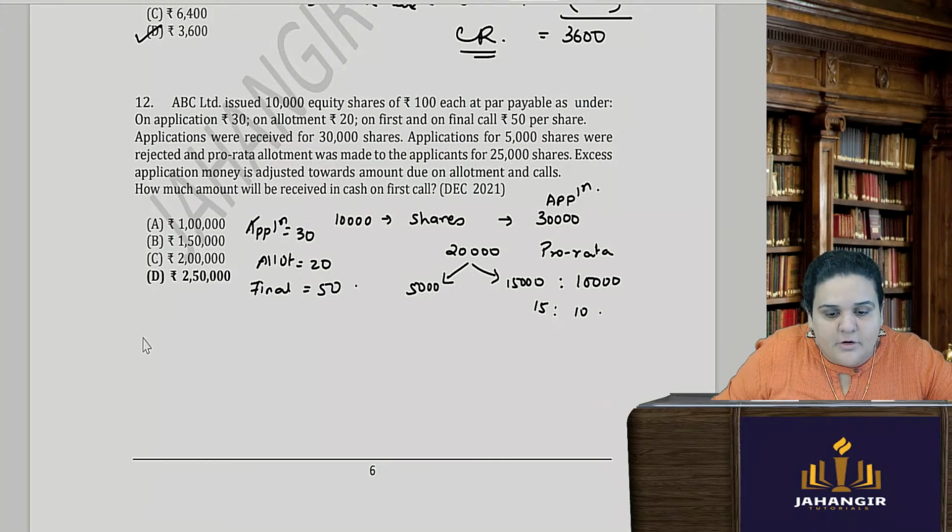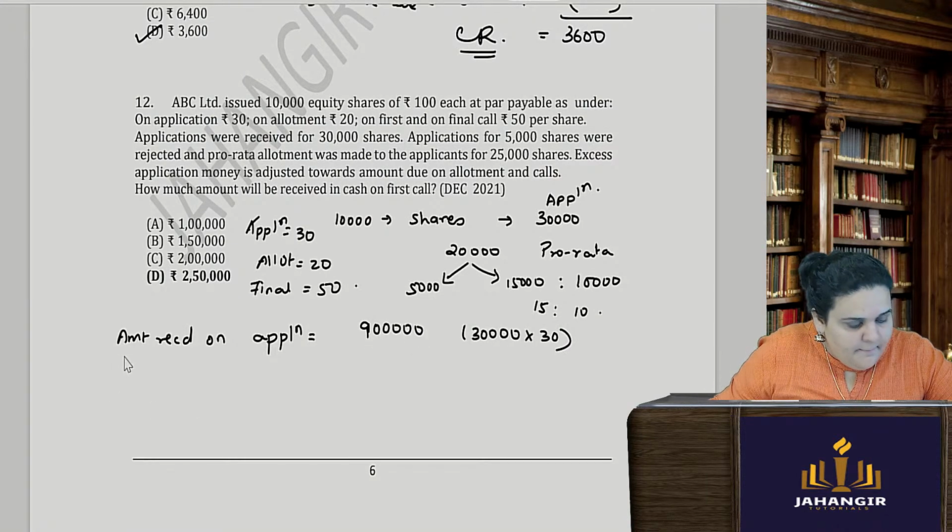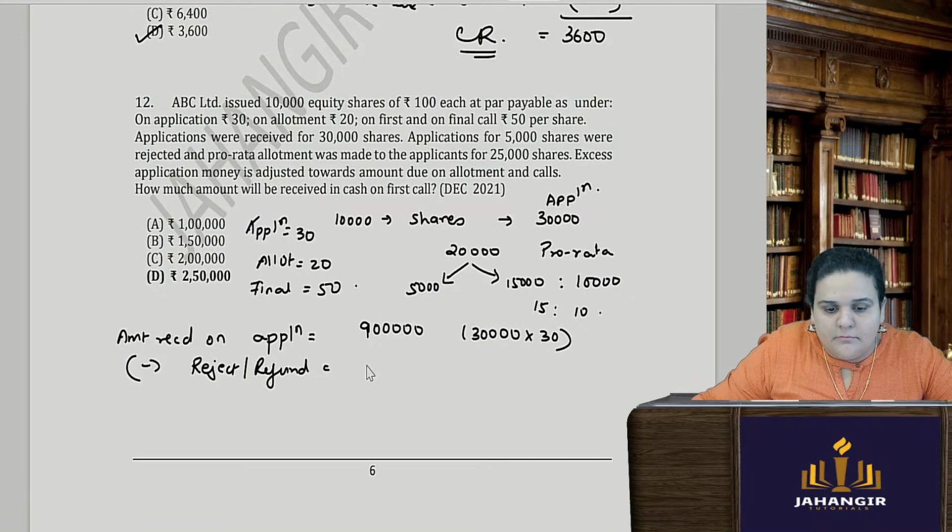Now, amount received on application. Amount received on application is equal to, I received it on 30,000 shares, and application money is 30 rupees, so 9 lakhs, minus refund. Refunded 5,000 shares at 30 rupees, 1,50,000.